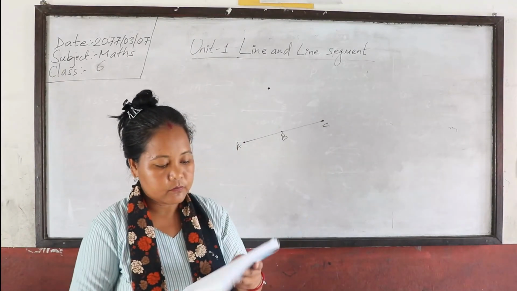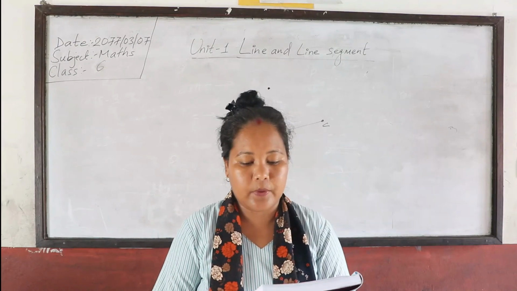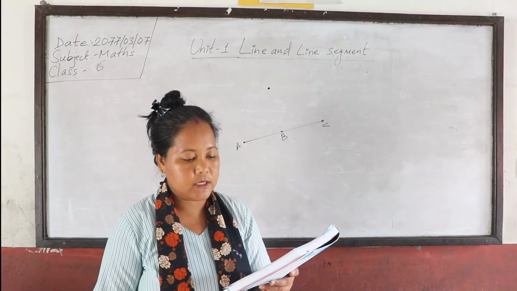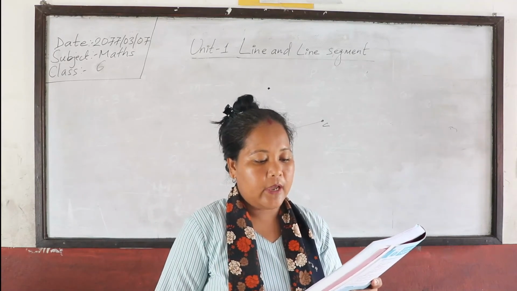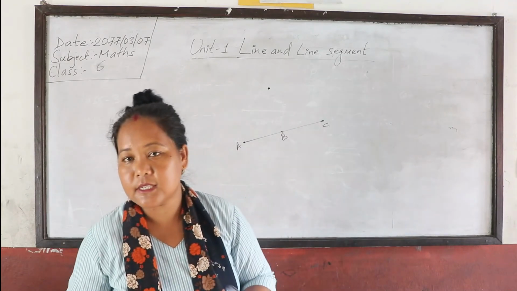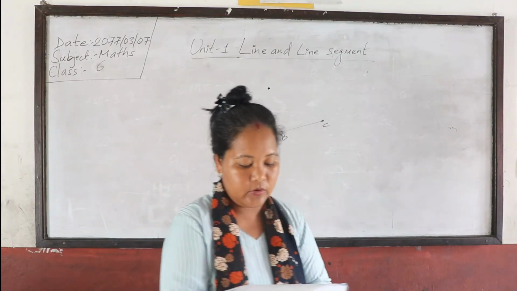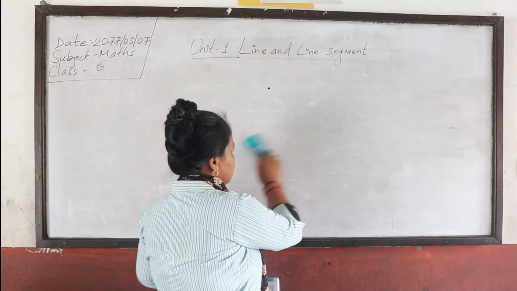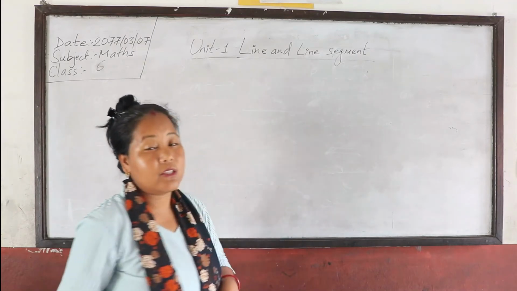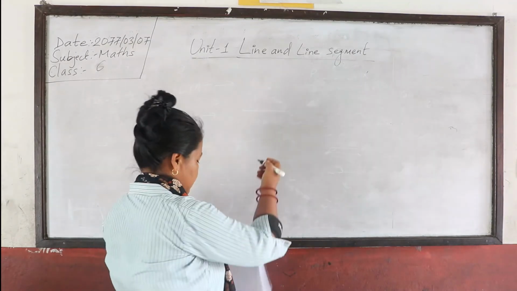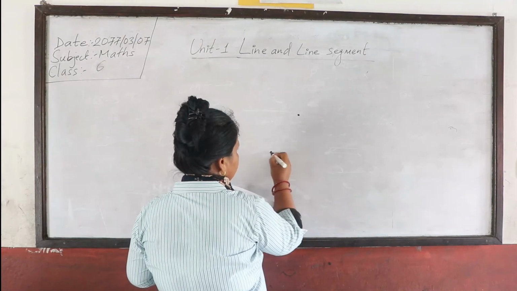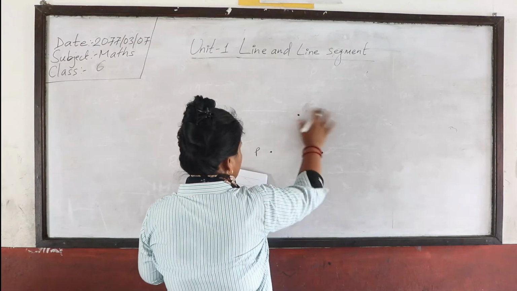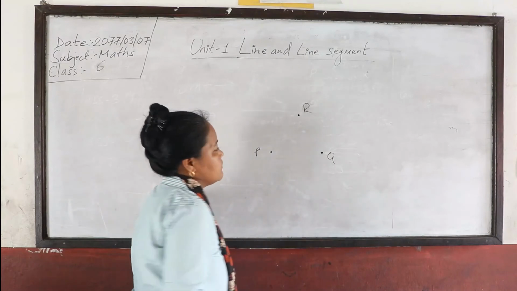Number 4, look at the following points in your copy and join the set of the following points P, Q, R in order and come back to the starting point. The points are given, and you have to join them in order. P point, Q point and R point.